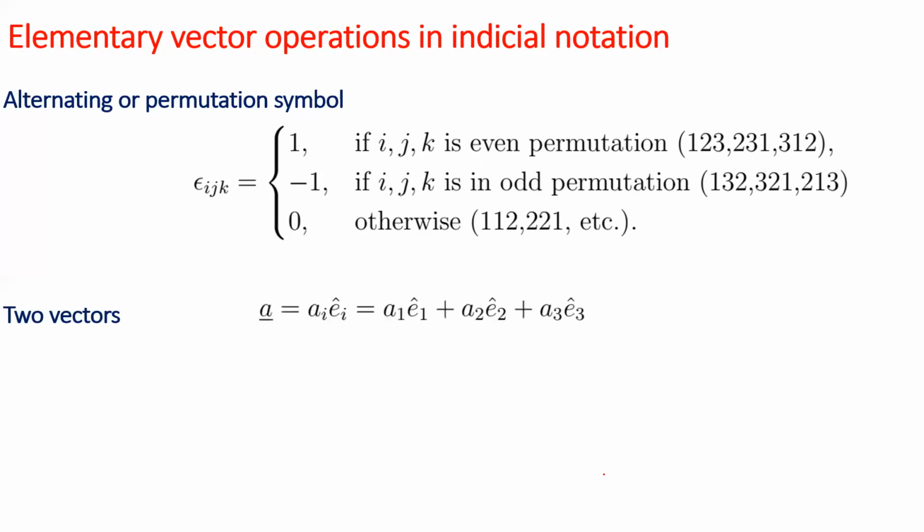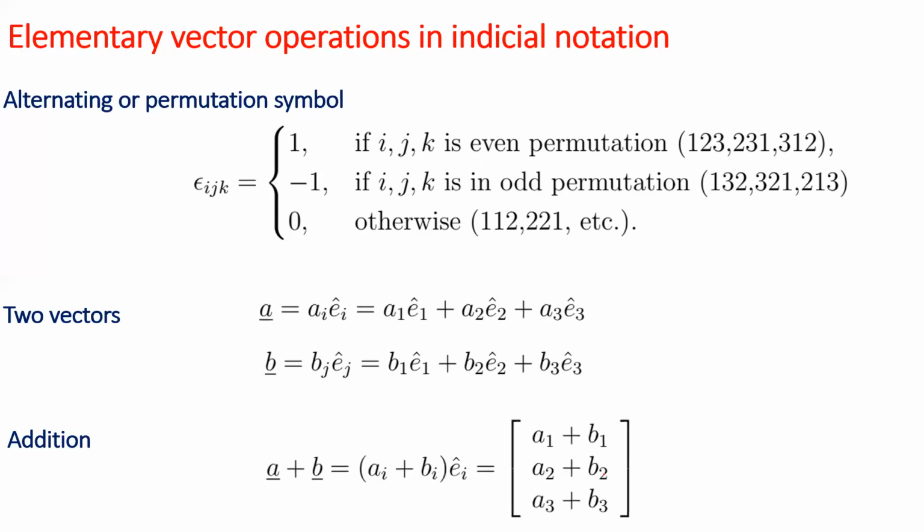So if you have two vectors A and B, we will now try to rewind what we know in vectors using the indicial notation. So addition is something which we have seen already. Two vectors A, this is the vector notation, indicial notation, matrix notation.